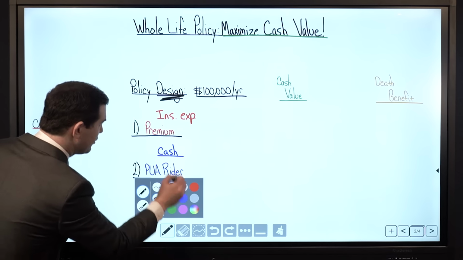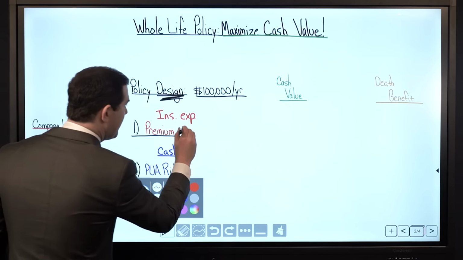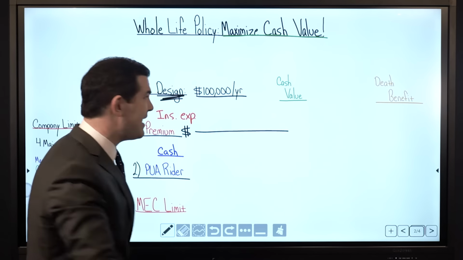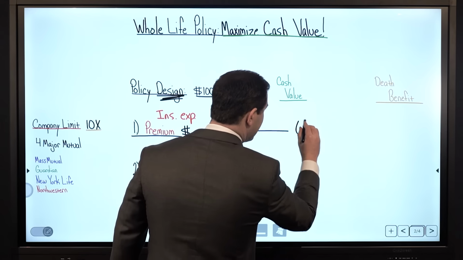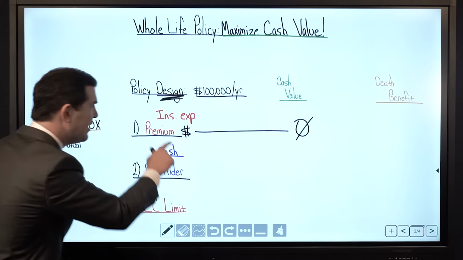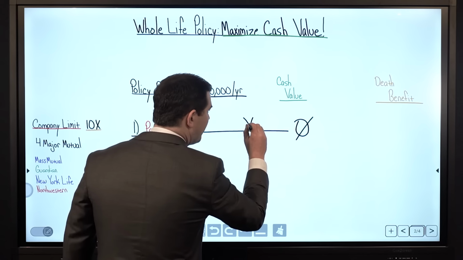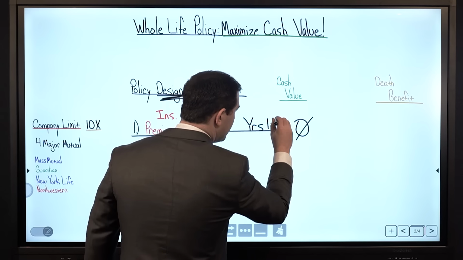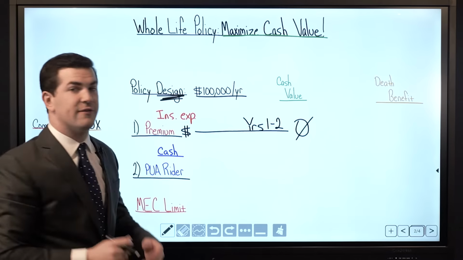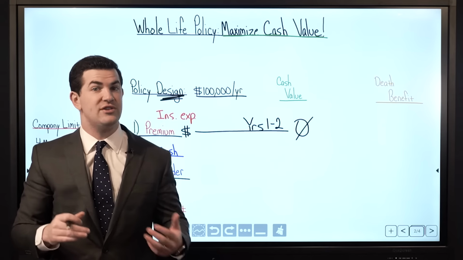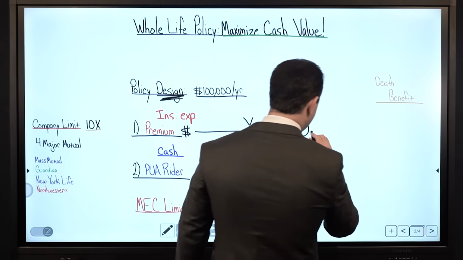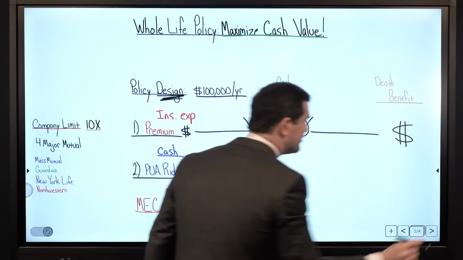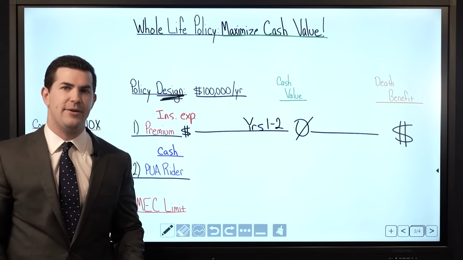So any dollars that are directed toward the premium piece of a life insurance policy, with respect to the cash value, which is the point of interest to just about everyone we work with, premium dollars often result in zero or a very small percentage showing up in cash value in the first year and sometimes the first and second year. The reason why is premium dollars are primarily going to purchase a death benefit for me right off the bat.